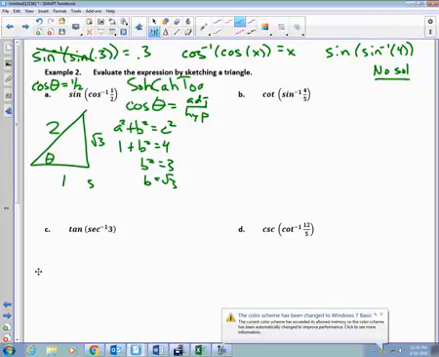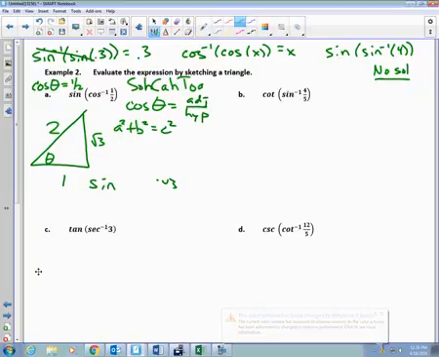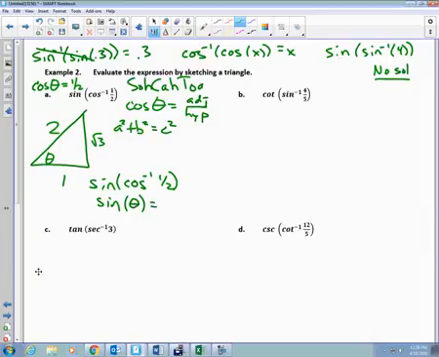So we could say that sine of cosine inverse of 1/2 is the same thing as sine of theta. Everybody agree? This gives you an angle. What is sine of theta? Root of 3 over 2, because it's opposite over hypotenuse.